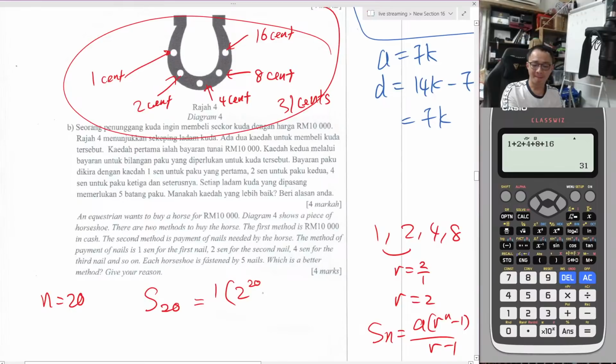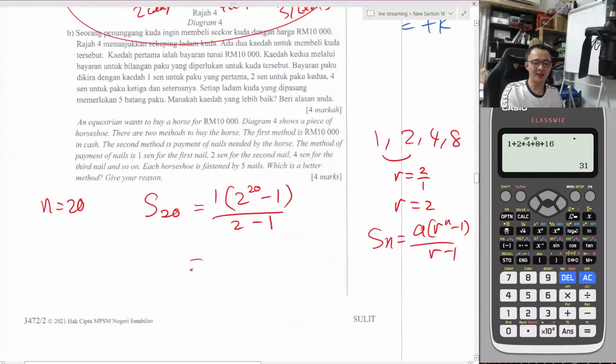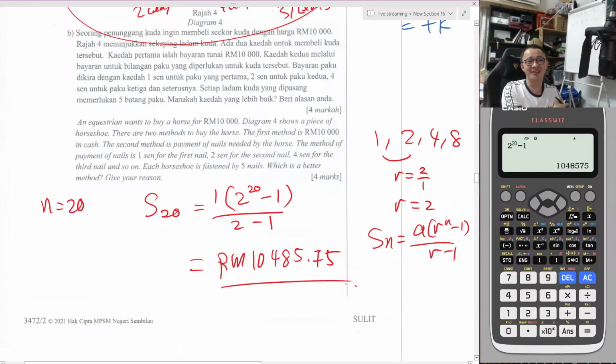So 2 power 20 minus 1, over 2 minus 1. Alright, so eventually, you're actually paying about 10,485.75 cents.